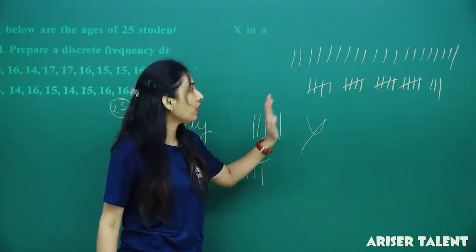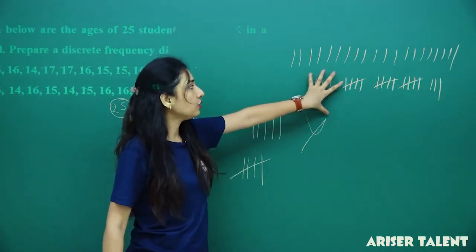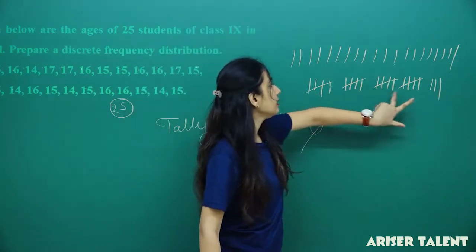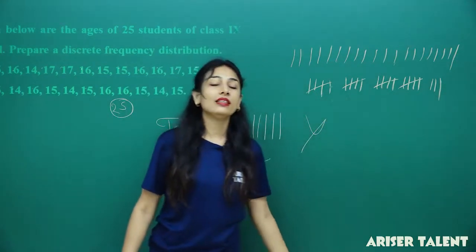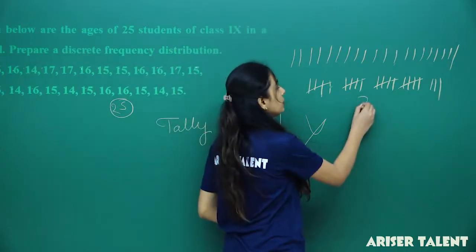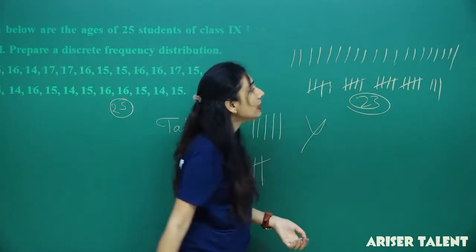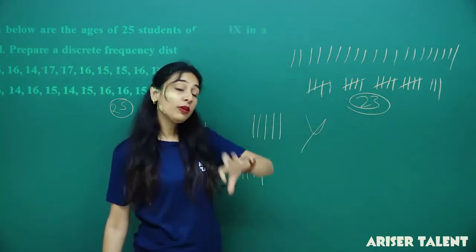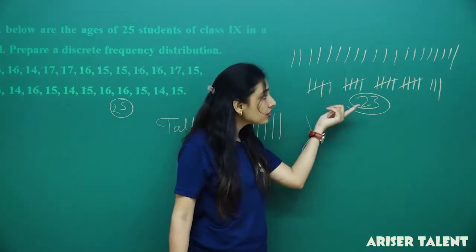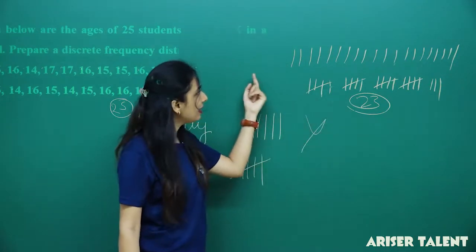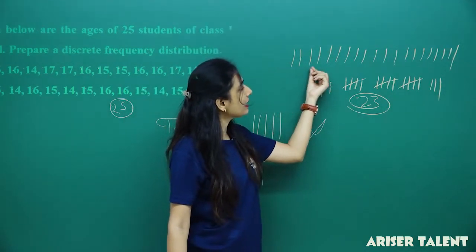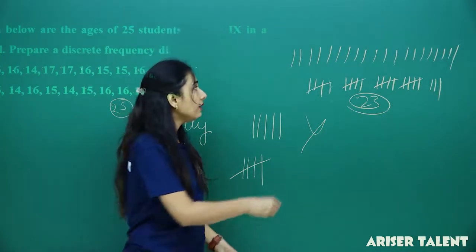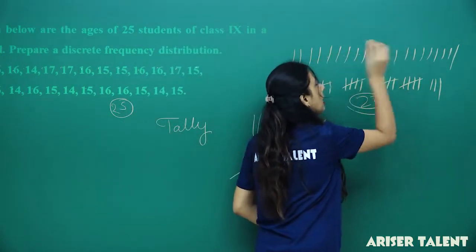This is so simple now, because this is a group of 5. So 2 groups of 5 will make 10. So I will count 10, 10 and 23. This is so simple to count. But if I draw just 23 lines like this, that will not be very fast.